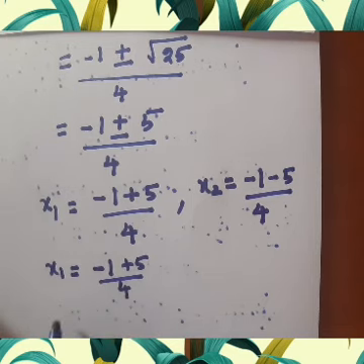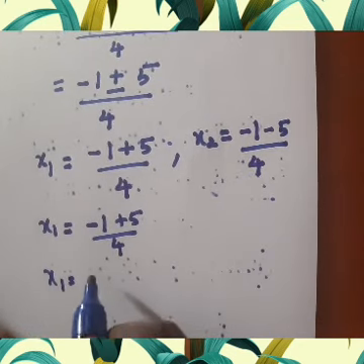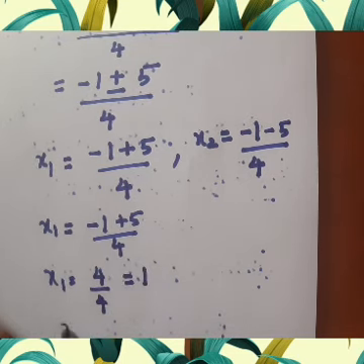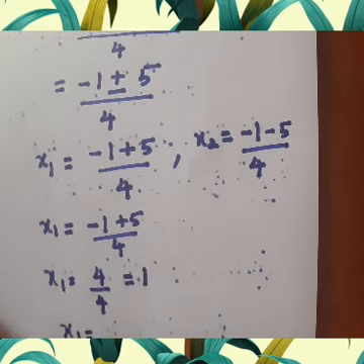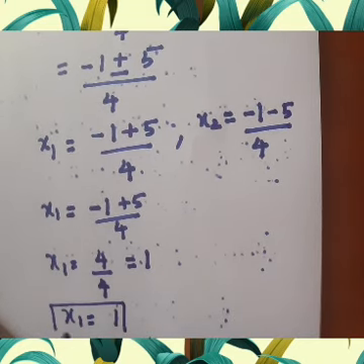Minus 1 plus 5 will give you positive 4, divided by 4, which will be 1. So the value of x1 is equal to positive 1.